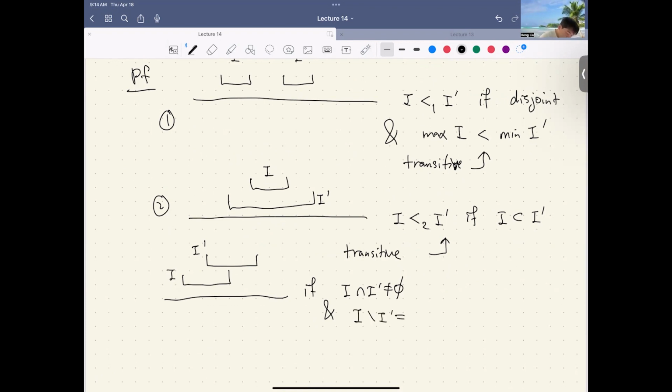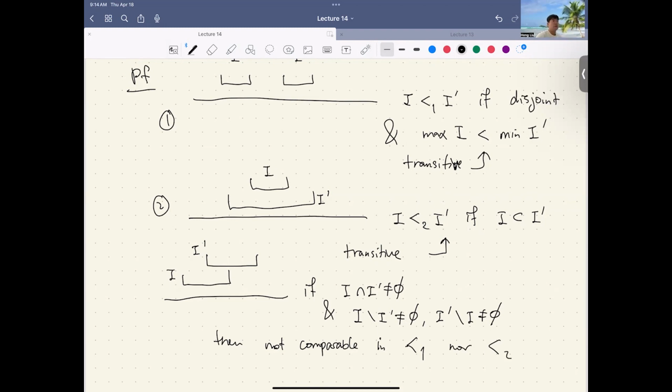I minus I prime is not empty, and I prime minus I is not empty, right? They have their own unique points. Neither is contained in the other. Then they are not comparable in either the first one or the second one.